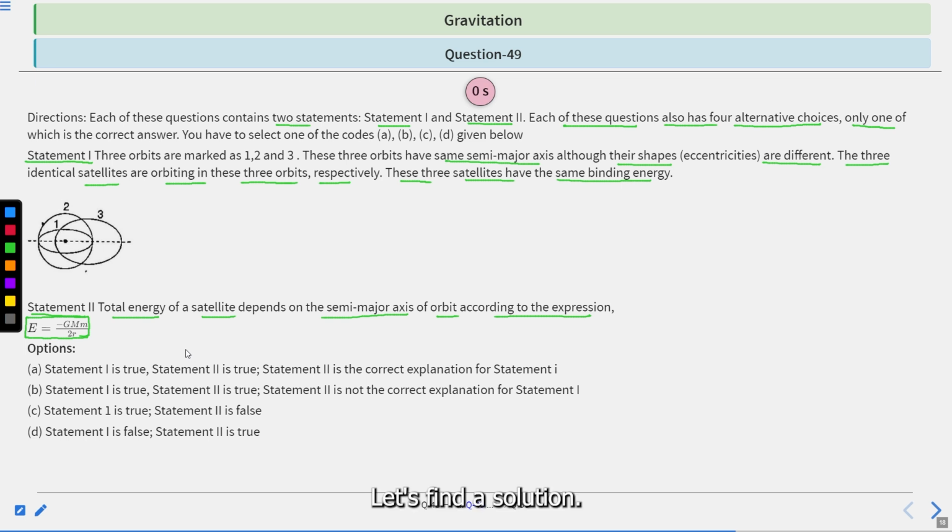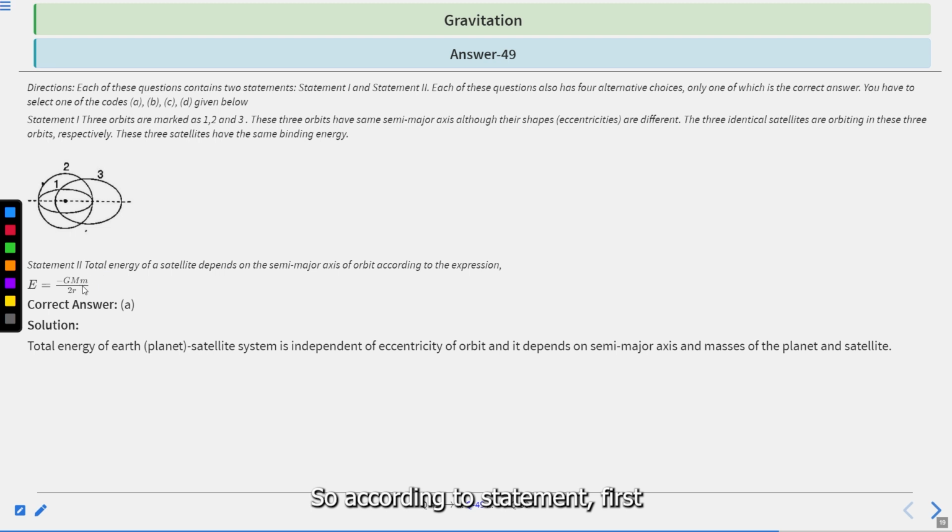Let's find a solution. According to statement first, three orbits are marked 1, 2, 3. These three orbits have the same semi-major axis, and although their shapes, eccentricities, are different, three identical satellites are orbiting in these three orbits respectively. These three satellites have the same binding energy.